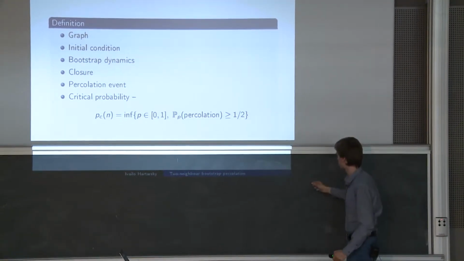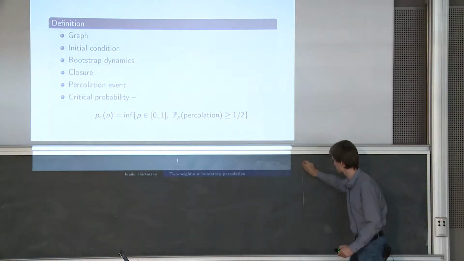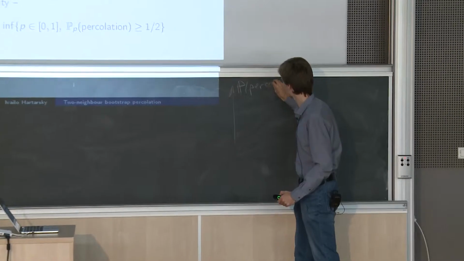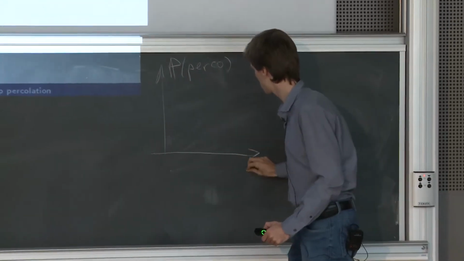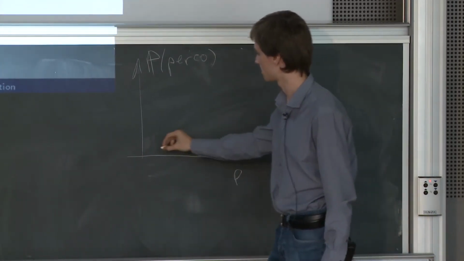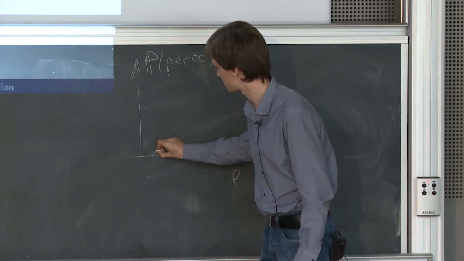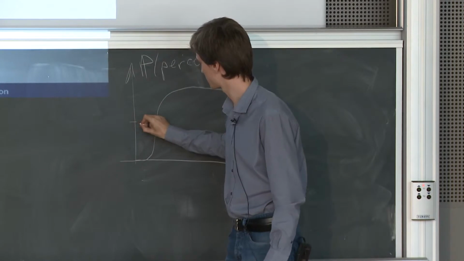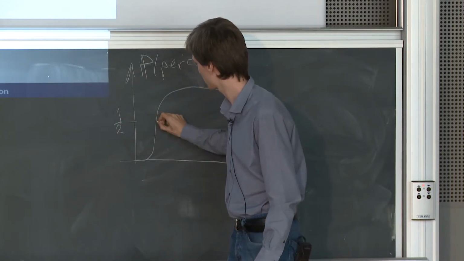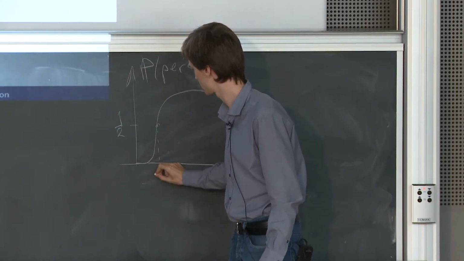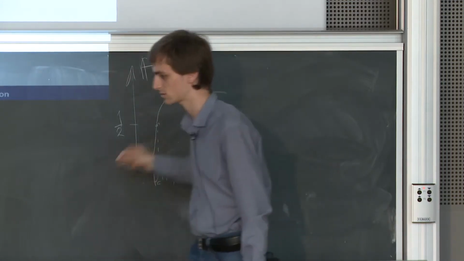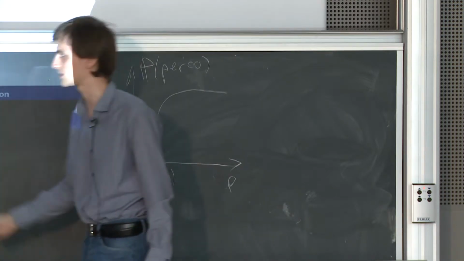So you have this standard picture: this is the probability of percolation, and here you have p. You have some function which is like this. This is 1/2, and this is pc of n. And this is for every n. You have a different picture, and you want to know what happens when n is big.